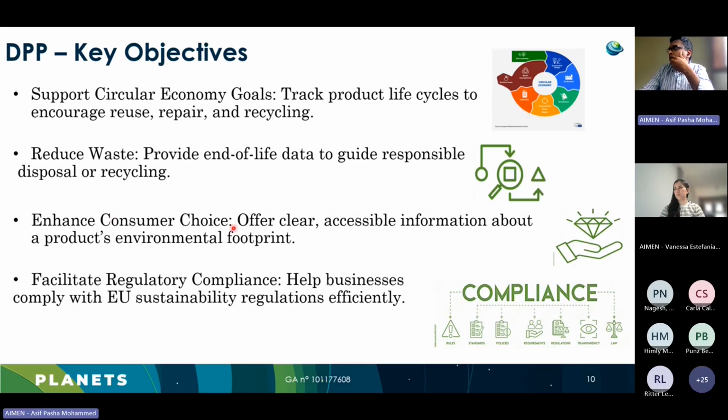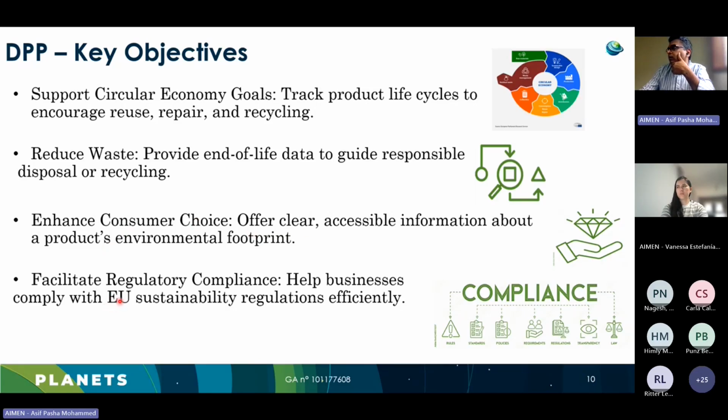The consumer choice is important because this is something that the European Commission is mostly focusing around, because the consumers, if you have to buy a product and so on, they need to be aware of the information that's existing and also about the product's environmental footprint.